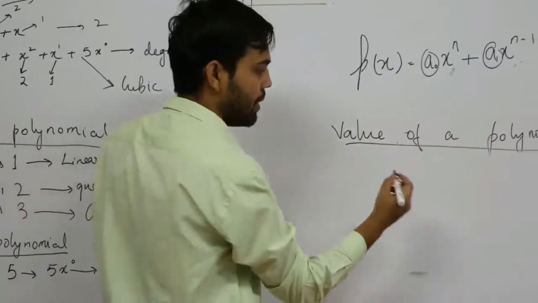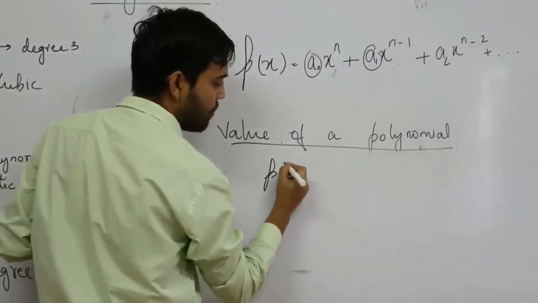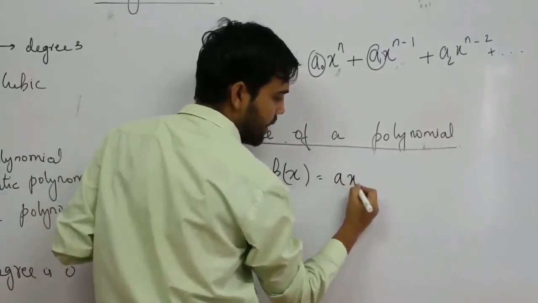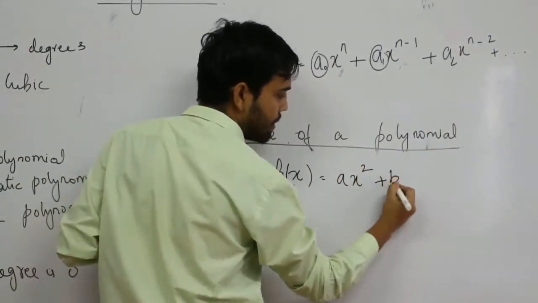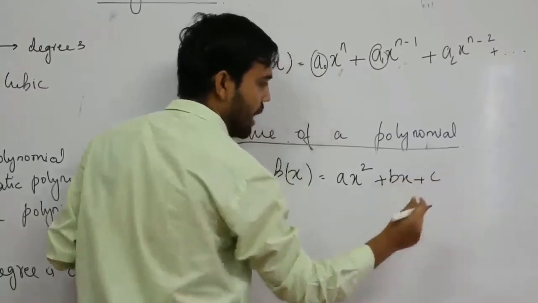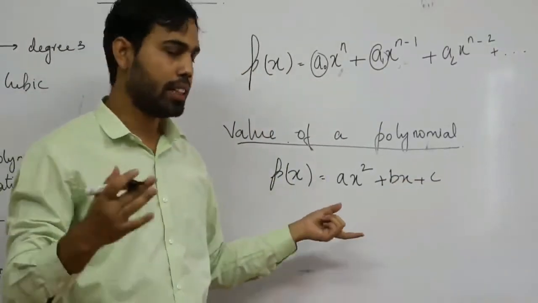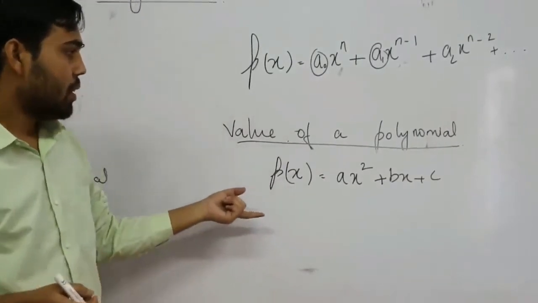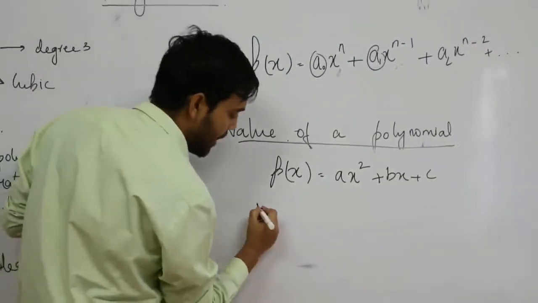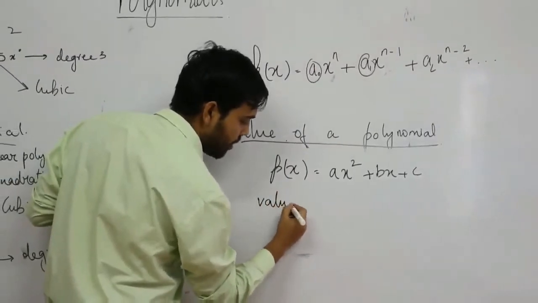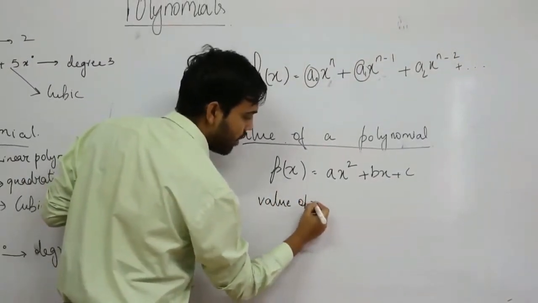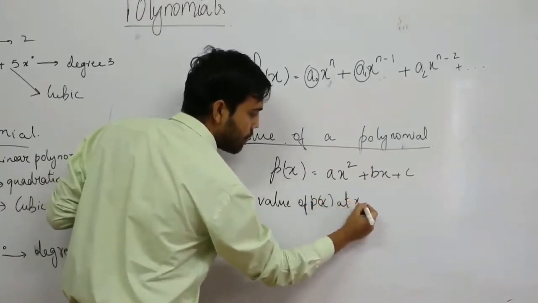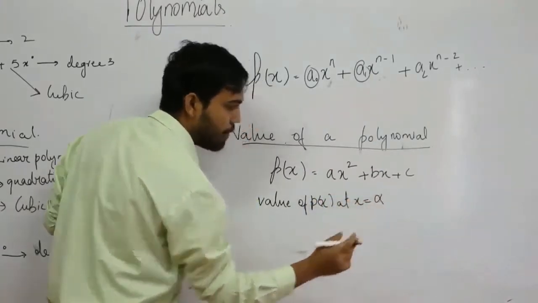Suppose I have this polynomial. Let us take this ax squared plus bx plus c. I am taking a quadratic polynomial. You can take a biquadratic, anything, cubic or a linear polynomial. Now, what will be the value of P of x at x is equal to, suppose I am taking a number which is alpha?